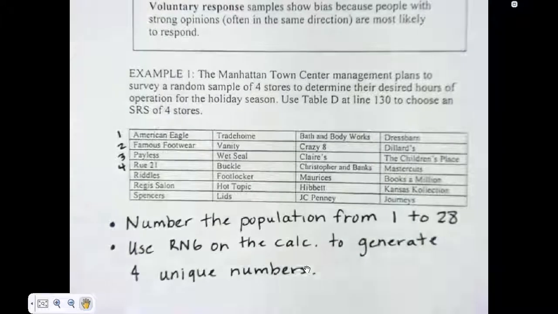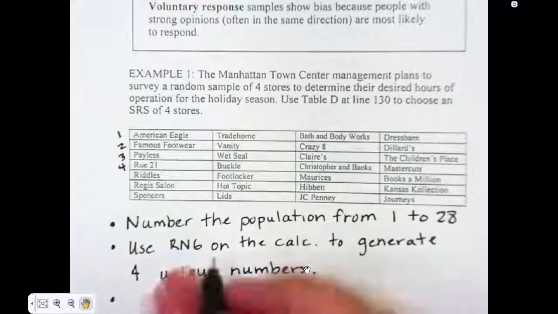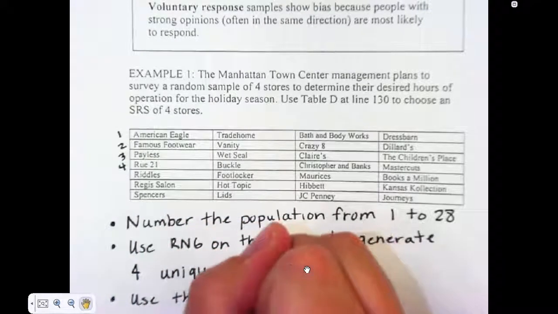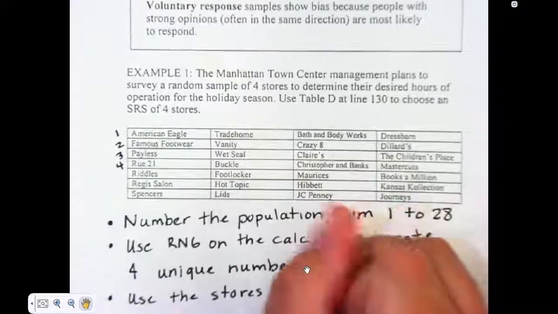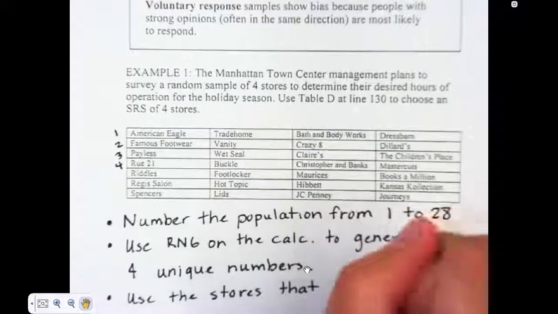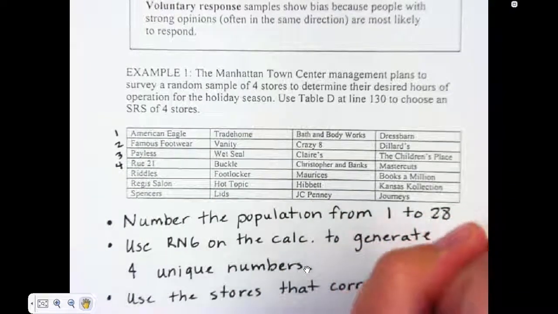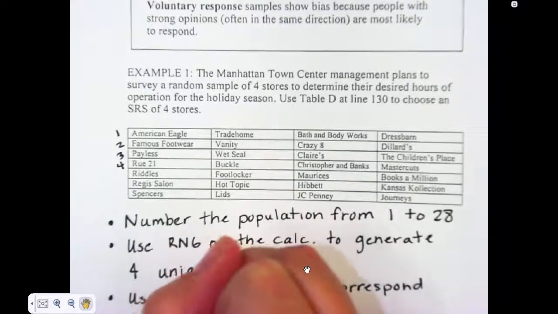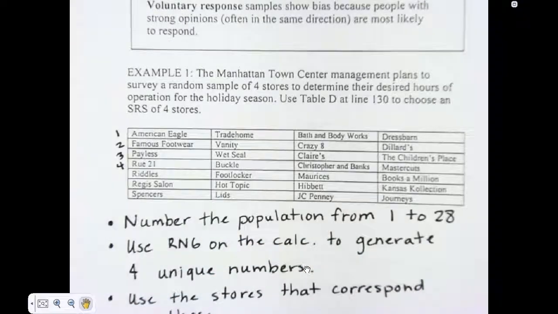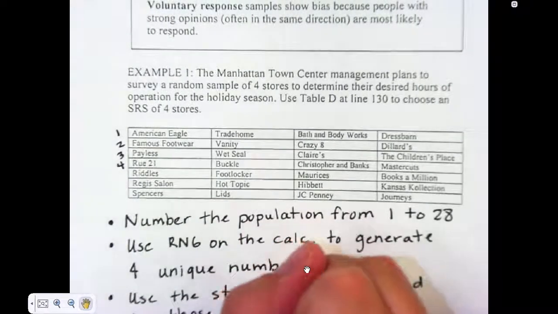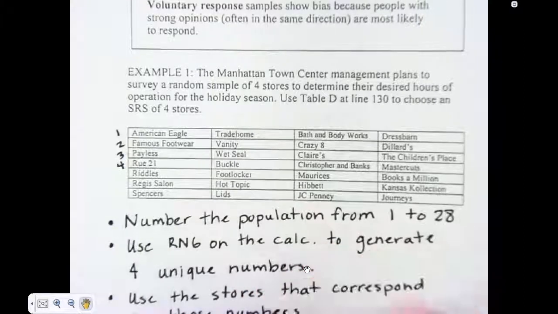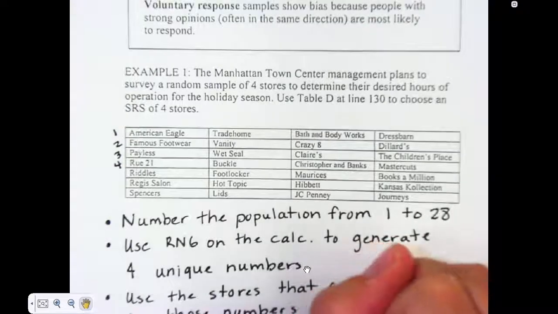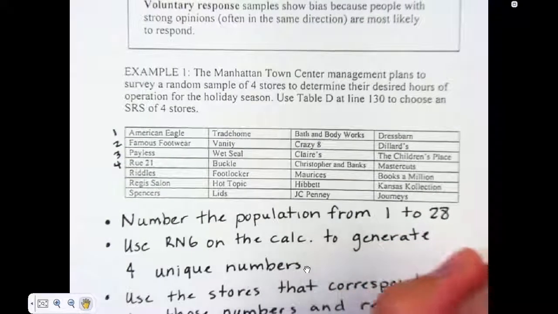Okay, now once we've generated those 4 unique numbers, we're going to use the stores that correspond to those numbers, and record the hours of operation for the holiday season.